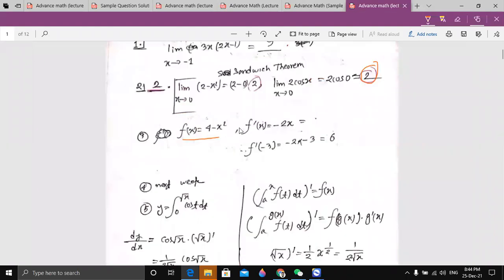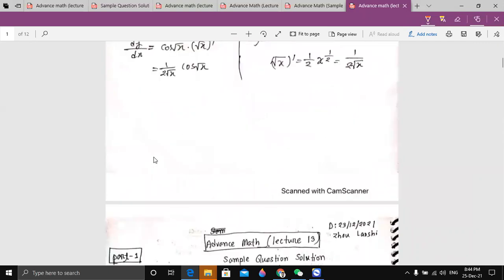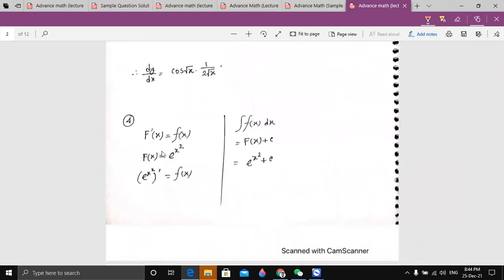So see here. Number 4. So in our question, this one is given. Okay, capital letter F of x is equal to e to the power x square. So now integration of f of x dx, from the formula we know that it is F of x plus c.